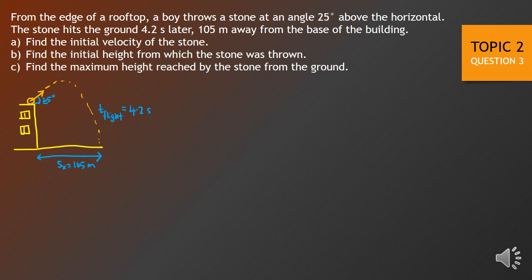So if we find the initial velocity of the stone, we have the angle, we have the time, we have the horizontal displacement. Firstly, we need to find the initial velocity of the stone. What is the u? Okay, so remember that velocity is a vector quantity, so we have to find the magnitude and also the direction. So first one, so A, we can use our horizontal displacement to find the initial velocity.